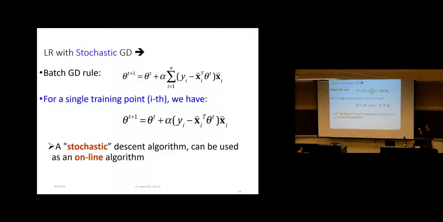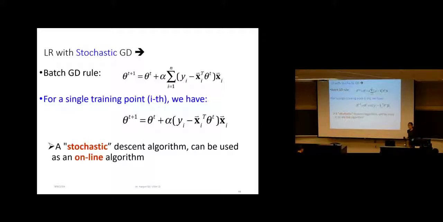See here, this is a summation over all the samples. Now I just replace it by removing that summation. It uses just one sample. And this is called stochastic gradient descent. Very easy, right? Rather than considering a summation of gradient vectors over all the training samples, you consider only one sample at a time. This is stochastic gradient descent.